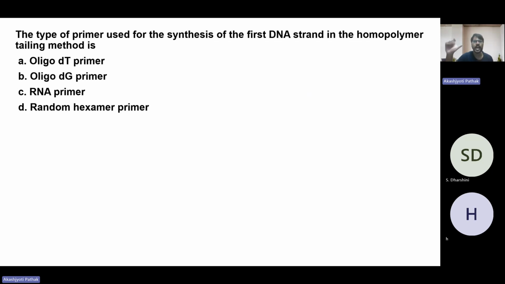So a primer is always required for DNA replication. If you have studied basic molecular biology, you will know this. So that is why oligo dT primer has to be there. Only then can this reverse transcriptase come and extend the primer in the 5' to 3' direction using the dNTPs, the substrate, and the complementary base pairing. The new DNA will be synthesized.